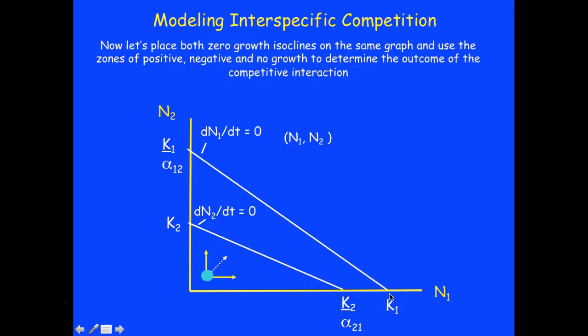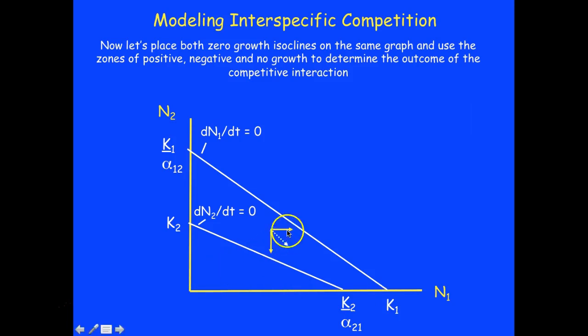So in this instance, both species will be able to grow, but species 1 will be able to grow further than species 2, and eventually it will reach its carrying capacity and completely outcompete species 2. So that is what the population will do if our population densities were to start at this point here.